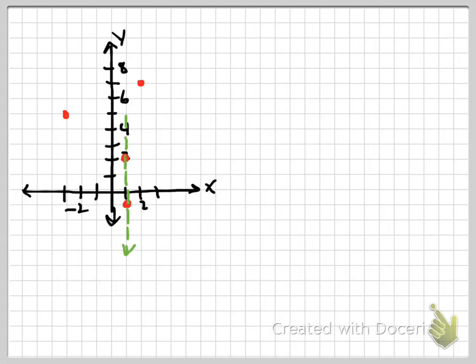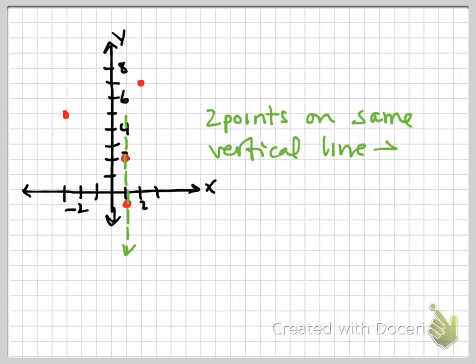Remember, 1 x, 1 y. If I have 1 x and 2 y's, then they're going to be on the same vertical line. So, 2 points on the same vertical line, not a function.